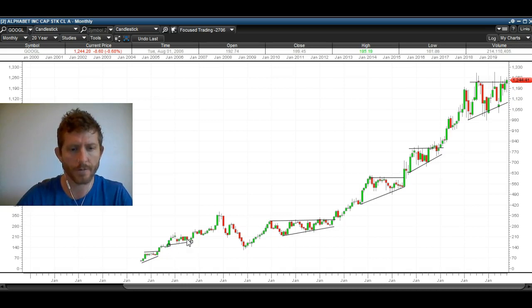Here's another one. Higher prices. Okay, I can draw this over and over again, but the point is that we've got a very similar setup here that has happened 1, 2, 3, 4, probably 5 other times, and each time it's led to higher prices. Okay, this is a continuation pattern.